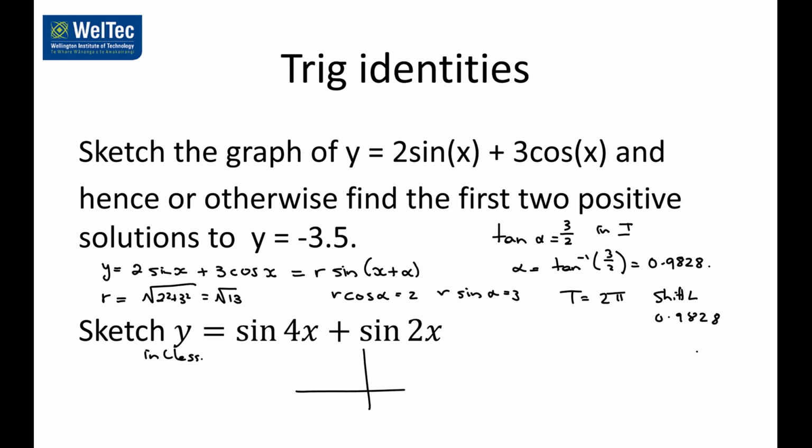I haven't left myself much room. 2 pi, pi by 2, 3 pi by 2. And instead of having our curve here, we're going to move every point to the left.